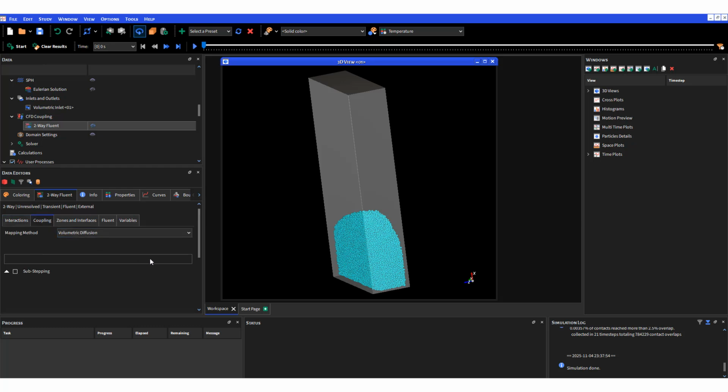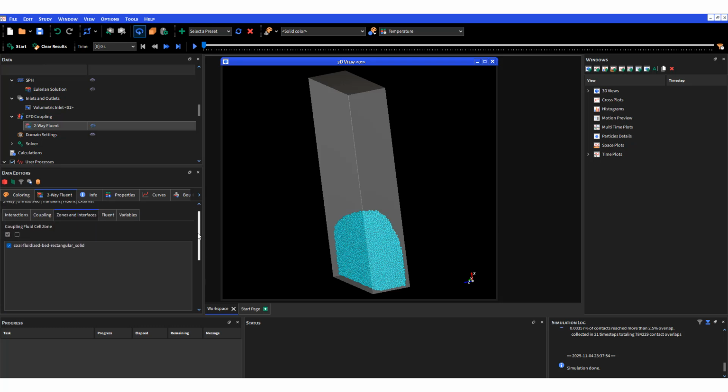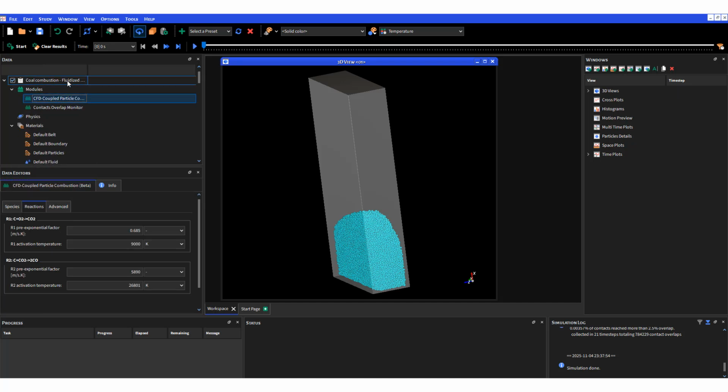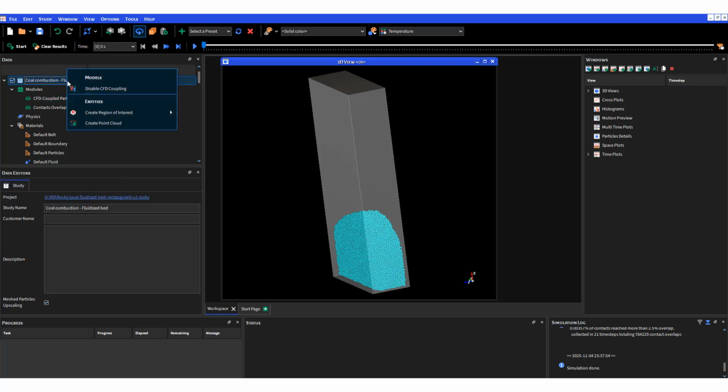For coupling, I selected volumetric diffusion, and for zones and interfaces, we select the cold fluidized bed, regular solid. This is actually from the Fluent case file, which is where we load the case file. This module requires a two-way coupling between Fluent and Rocky, so I first have to enable CFD coupling.